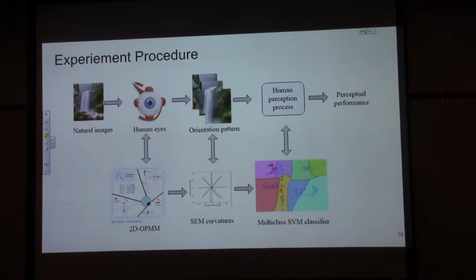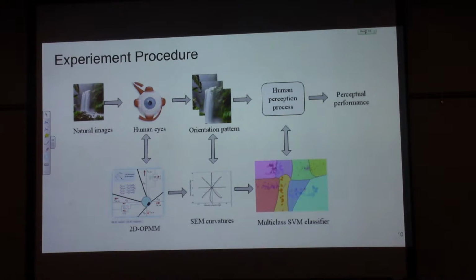So our experimental procedure is as follows. First, we take a set of natural images, and then we use the two-dimensional ocular model to generate the trajectory that the eyes move. Then we apply that trajectory on the natural images, sampling the image in 4 types of movement: oblique left, oblique right, horizontal, and vertical.